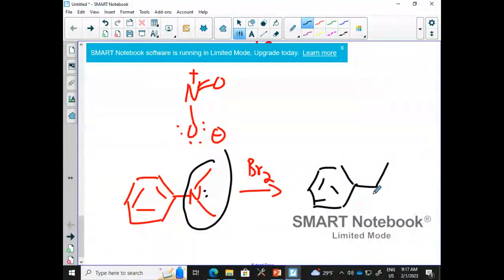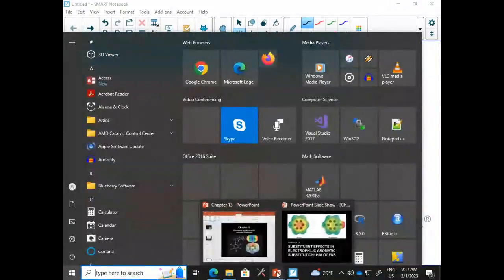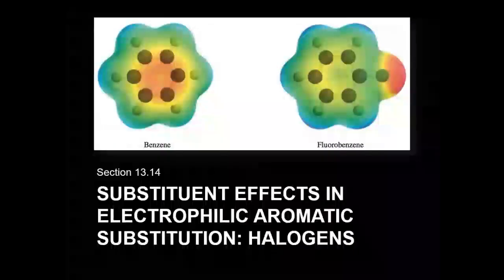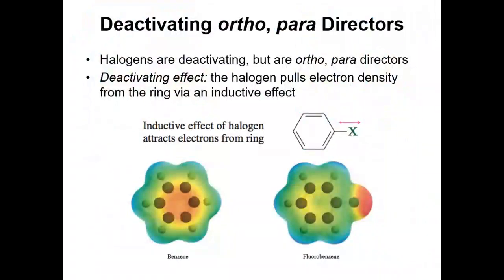So these are some examples. The halogen is sort of interesting because they are also ortho-para directors, but usually considered deactivating. That is because halogens are the group of elements that is most electronegative on the periodic table, group 7.